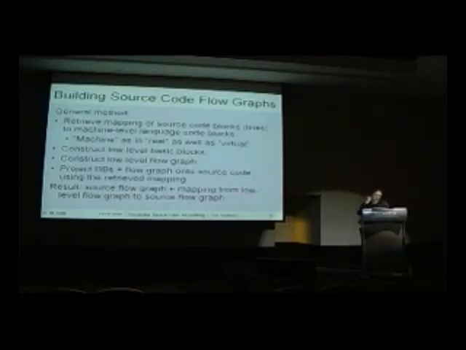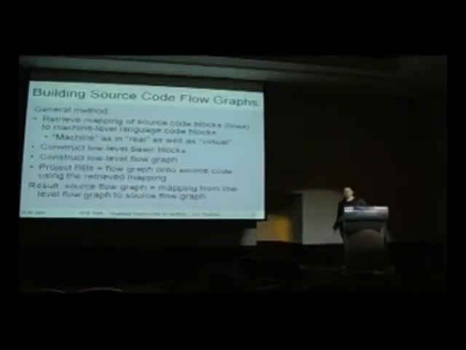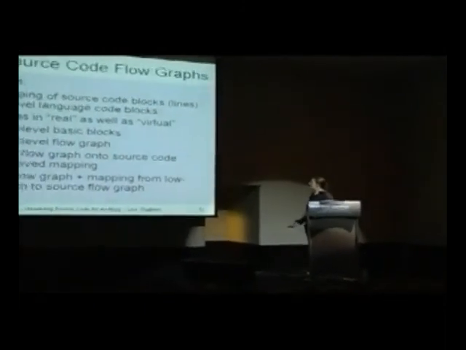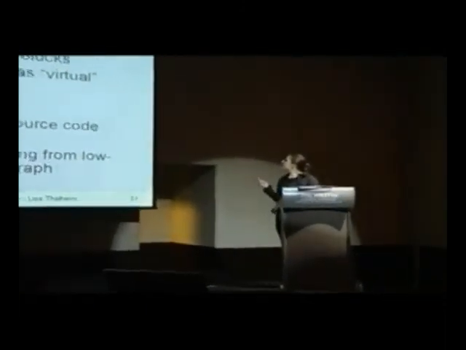So you do all the things you do in machine level language basic block graph construction, plus then you take the machine level language basic block graph and the mapping of source code blocks to machine level language code blocks, and project the basic blocks onto source code using that mapping. As a result, you have the source code flow graph and the mapping from low level flow graph to the source flow graph, which is not really useful, but I like to maintain it for definitive purposes.